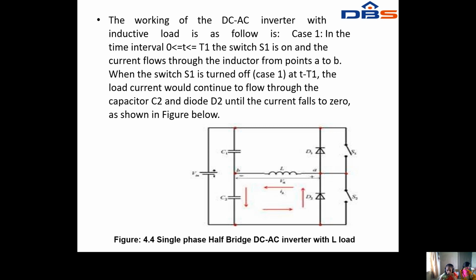In this figure, at the start the S1 switch is in the on state, so the current flows through the load. Whenever the switch is off, the current flows from D2 to A to B and C2.